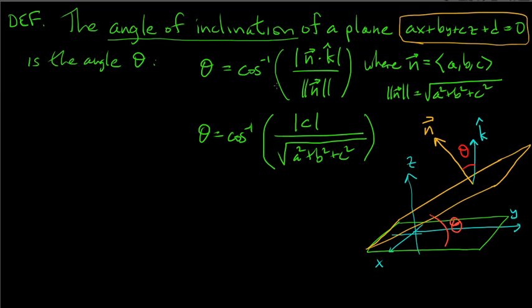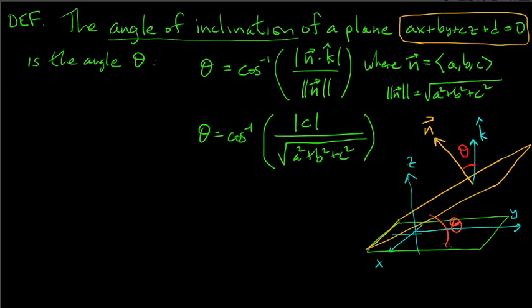And if you remember, how do you find the angle between two vectors? It's just this formula. So this is nothing new. This came from chapter 11. The angle between two vectors, n and k, is this angle. Now, it's just tilted 90 degrees.